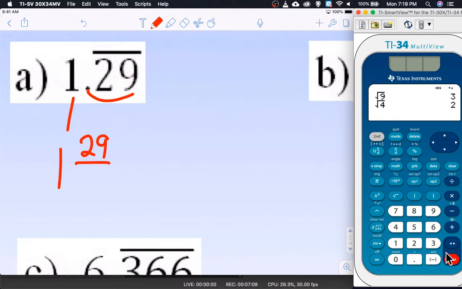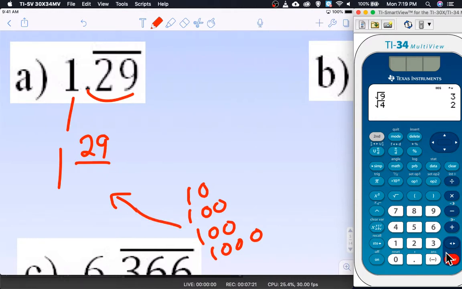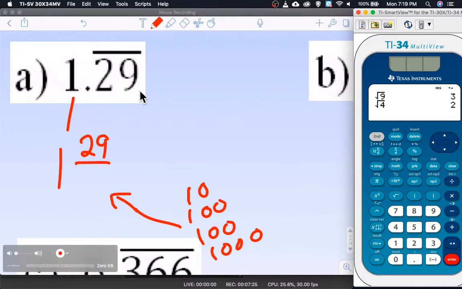The difference is going to be, remember how before this denominator was a 10 or 100 or 1,000 or 10,000? It's just a 1 followed by a bunch of zeros. That's what happens if this was a terminating decimal.